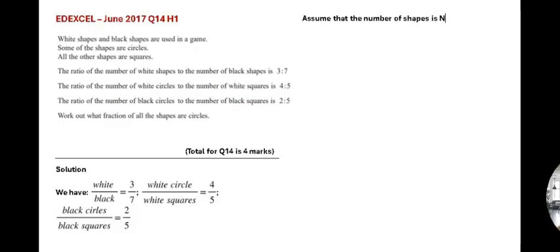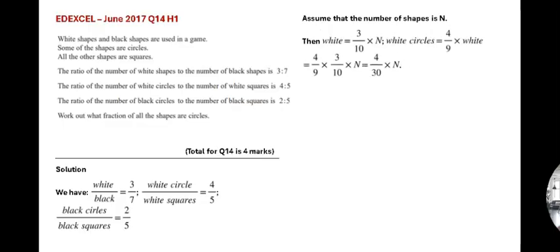So from the first information, we got that the white shapes are 3/10 out of the total number of shapes, because 3/7 is white over black.